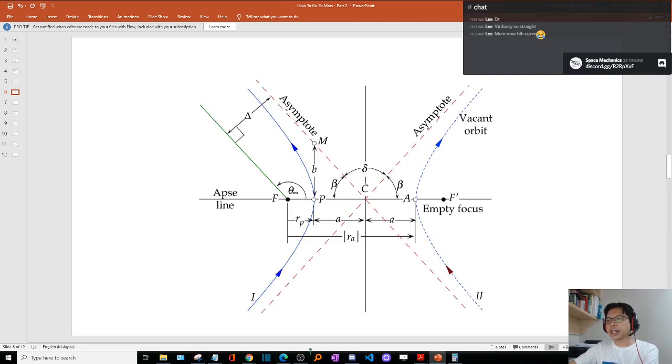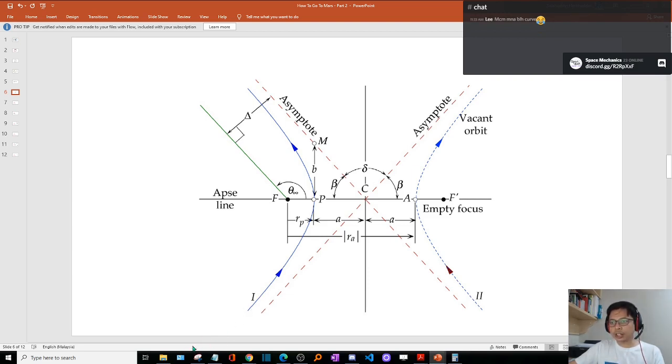The reason is that we assume that the velocity when they're coming in follows this asymptote line. Imagine the blue line is your hyperbolic orbit. When you're coming in, usually from far away, it resembles a straight line.